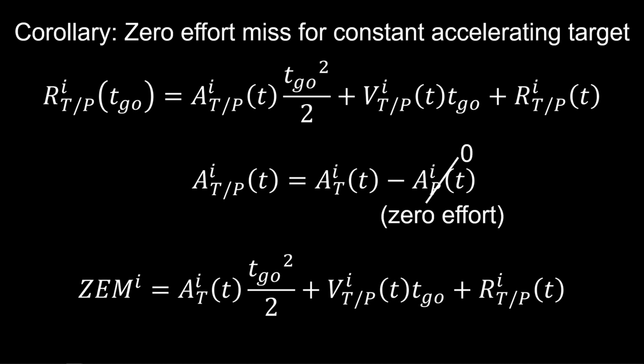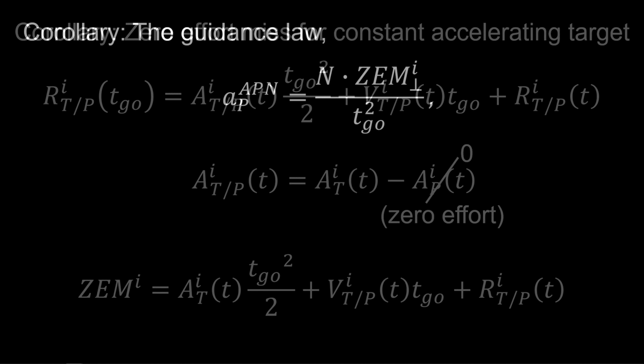Then the relative position after time to go elapses is the zero effort miss for a constant accelerating target. A coordinate system transformation onto the line of sight coordinate system provides zero effort miss normal to the line of sight, the required input into the proportional navigation law.